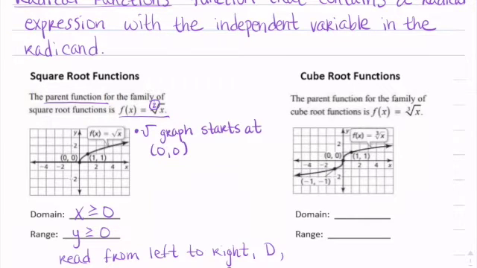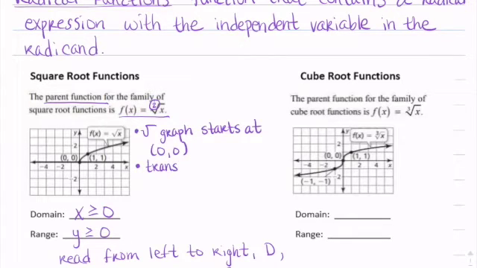All right. Now, our square root function can be transformed, and if the whole function gets moved up or down or left or right from a transformation, then that can change our domain and range because it's moved our starting point. So let's just summarize that.